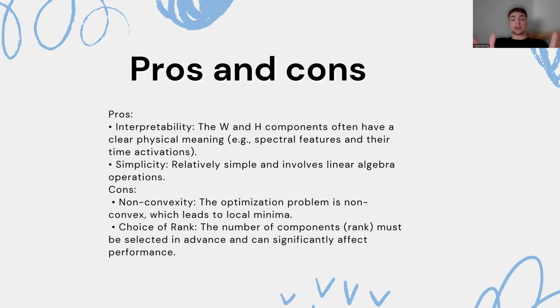But it also has cons. The optimization problem is not convex, which leads to local minima. And the choice of rank can sometimes be difficult because it's not always the number of sources or the number of channels, and we need to find the best rank of the matrices by ourselves.